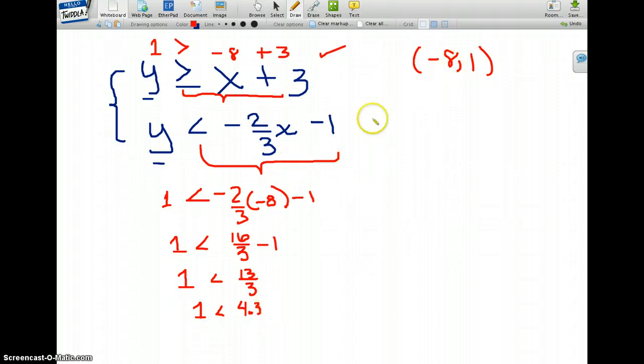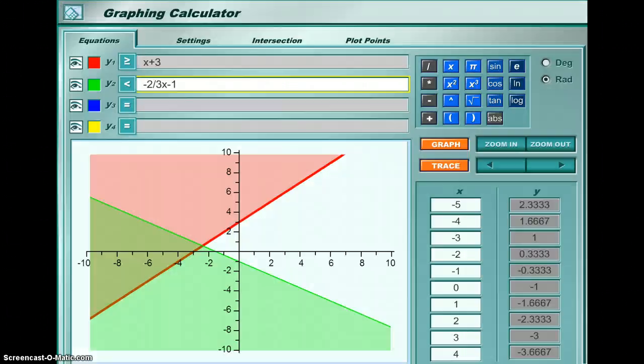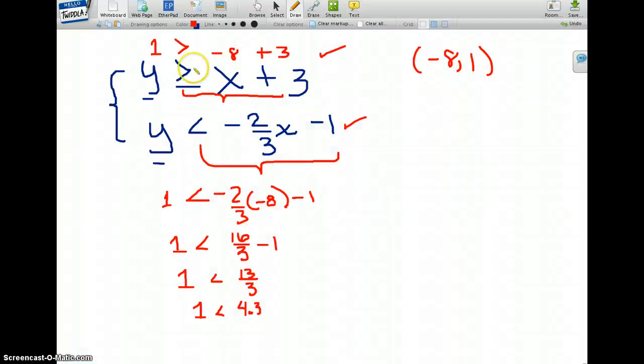So this point also works in the second one. That's what we call a test point, and that's what I did. I picked a point in this region where I thought the two shades overlap, and I tested it. Because it works, it means all the points in this region will work in this system of linear inequalities. I hope this helps.